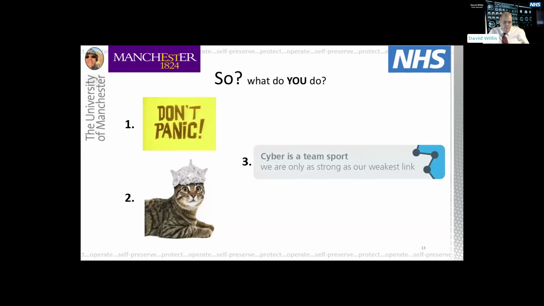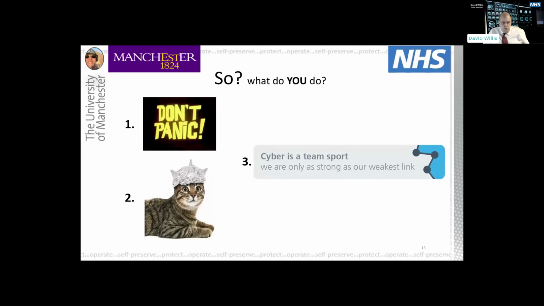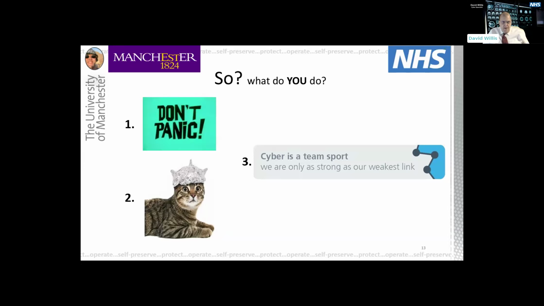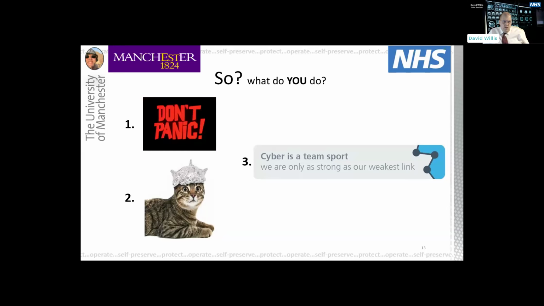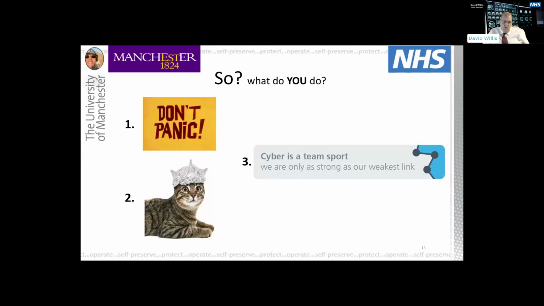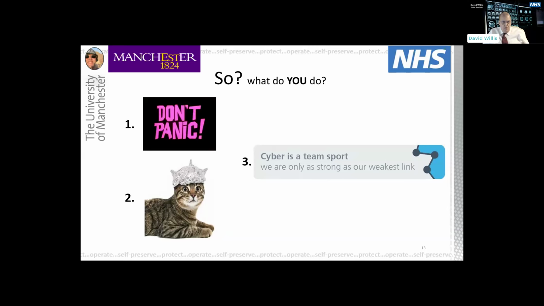So what do we do? Well, the first thing is, don't panic. It's a lovely flashing logo from a Douglas Adams book, but it's well worth it. You're not on your own whilst this is happening. You may not understand the technicalities of the stuff that Daniel's talking about, but honestly, there will be people somewhere within your organization that do understand this.